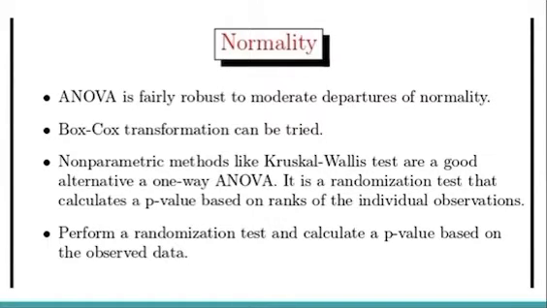And we can do transformation. If you still want to use ANOVA, if you don't want to try a non-parametric method like Kruskal-Wallis or perform a randomization test, and you still want to seek redress in a parametric framework, you can transform your model.